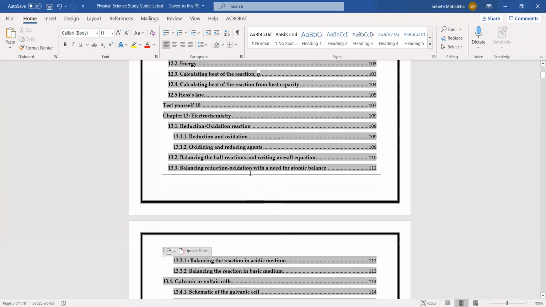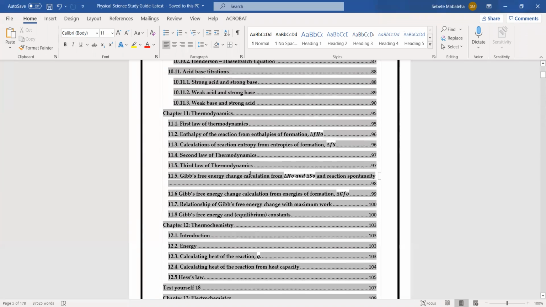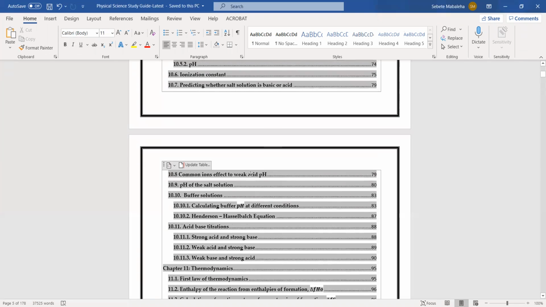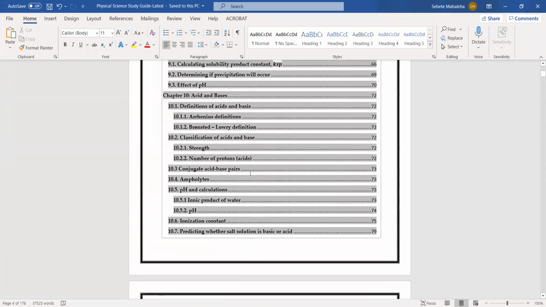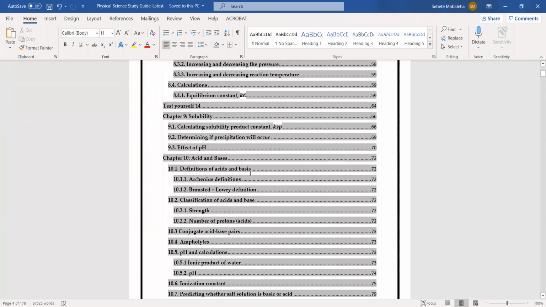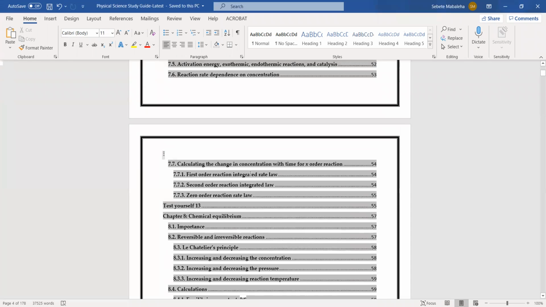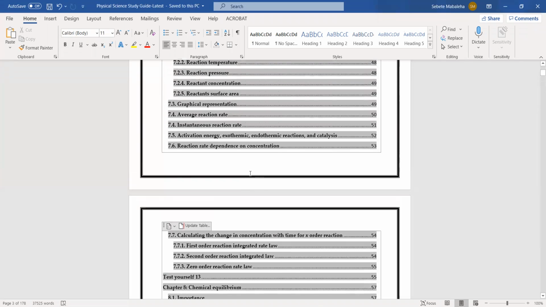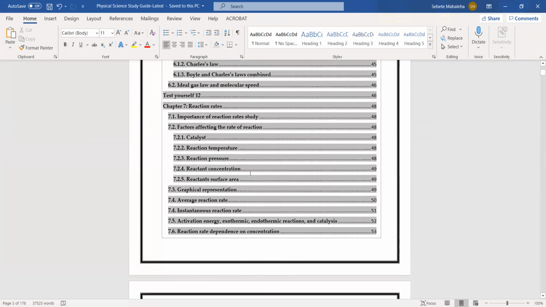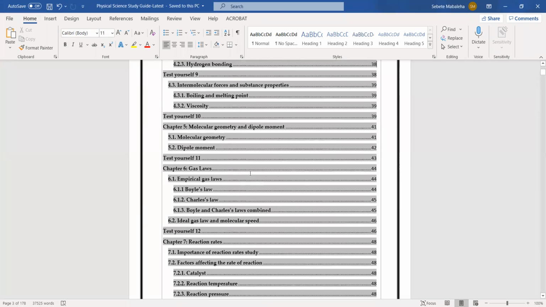And here we have the steel electrochemistry, here we have thermodynamics, buffer solutions, basically acids and bases, solubility, chemical equilibrium, the rates of chemical reactions, gas laws.